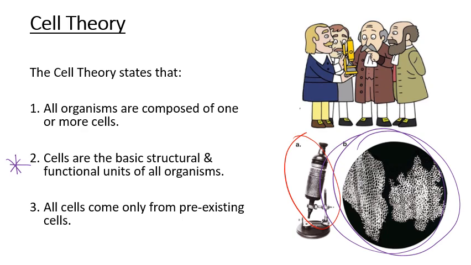Which then normally leads to the question, well, how did the first cell arise? And that breaks point 3, of course. There has to have been one original population of cells that first came into being. And there's been lots of experiments done in the past by scientists to try and model the early conditions on Earth. And we've almost got to producing a basic cell just from simple chemicals.